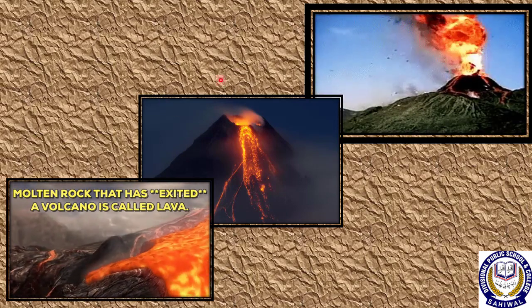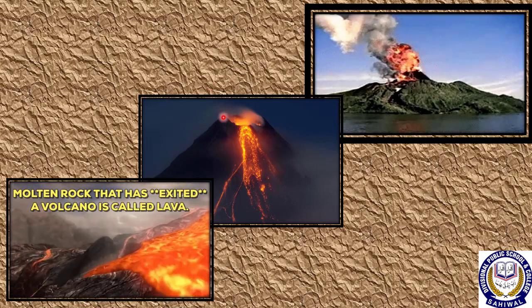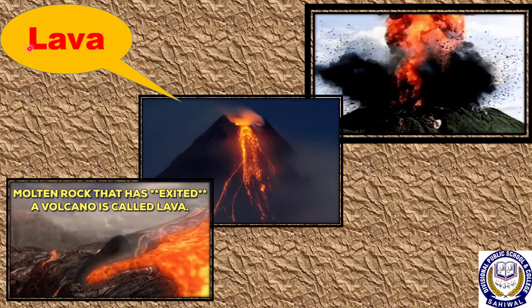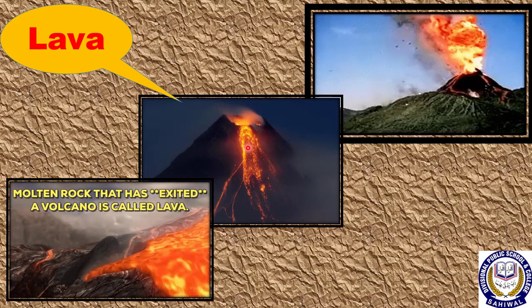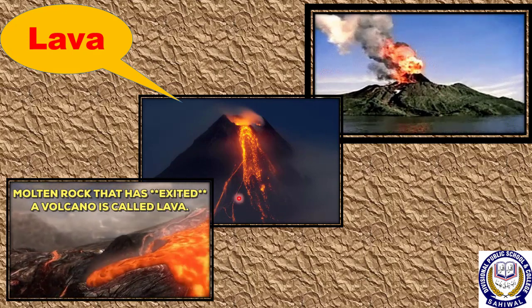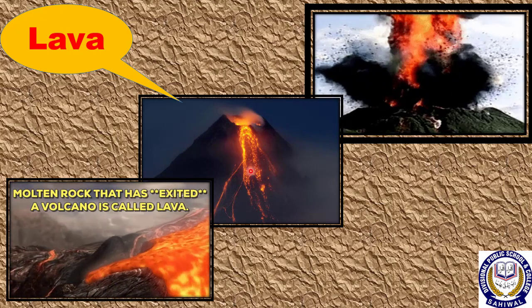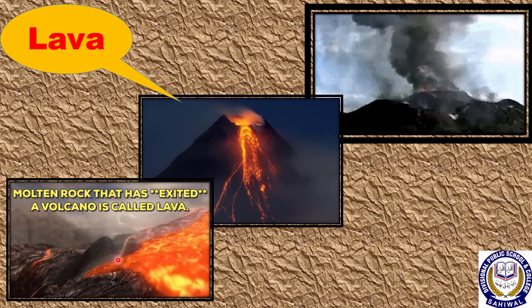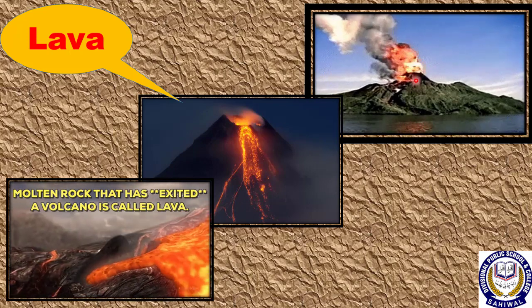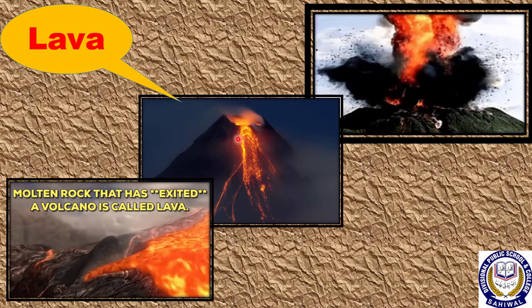But now we are going to discuss another term, lava. Lava is molten rock. You can see over here. The molten rock that breaks through the surface of the earth. It shows that molten material that comes out on the surface of the earth.